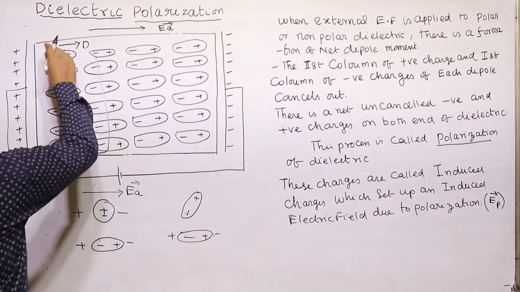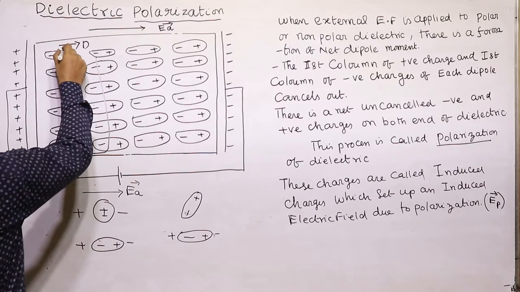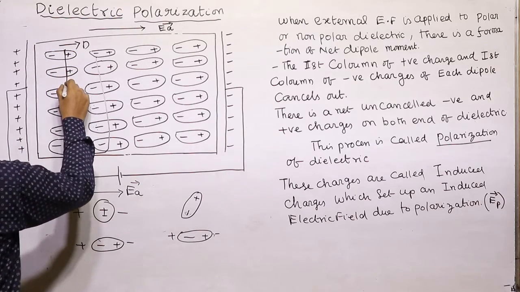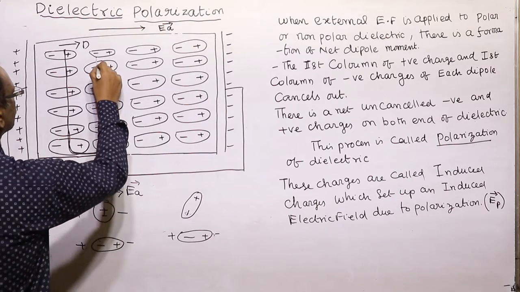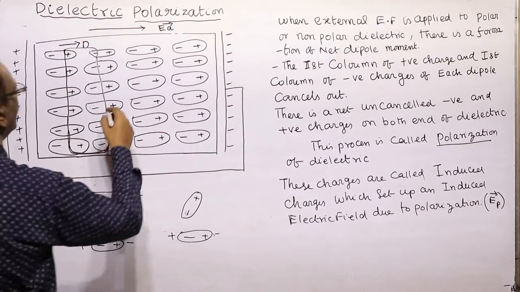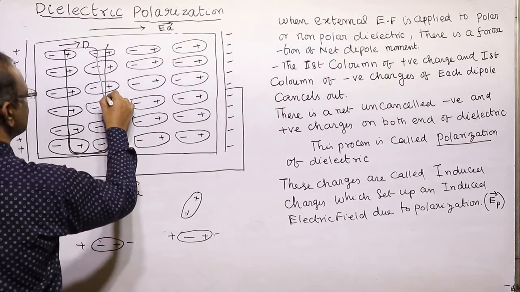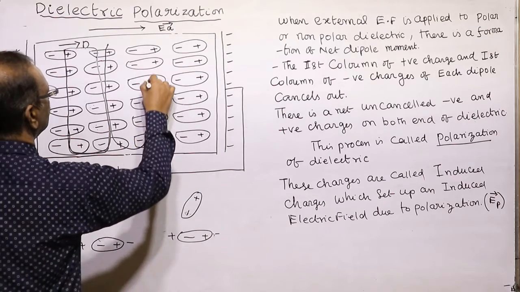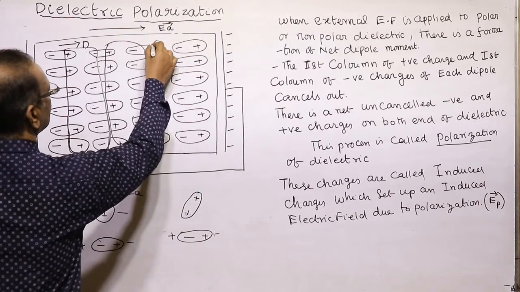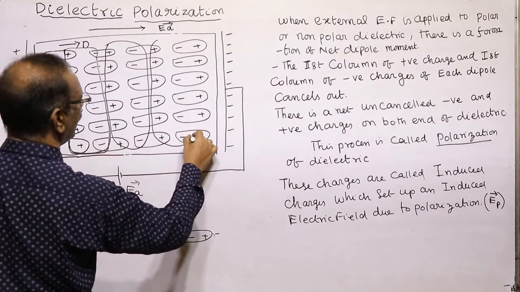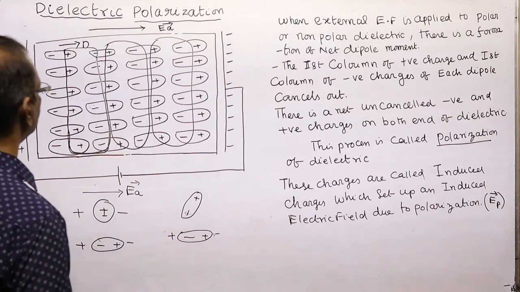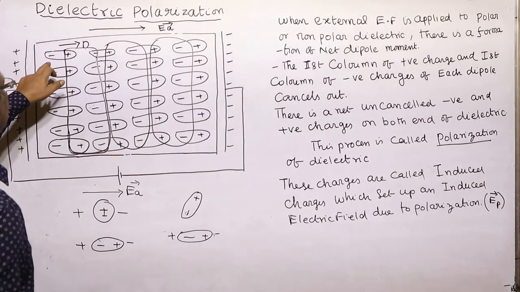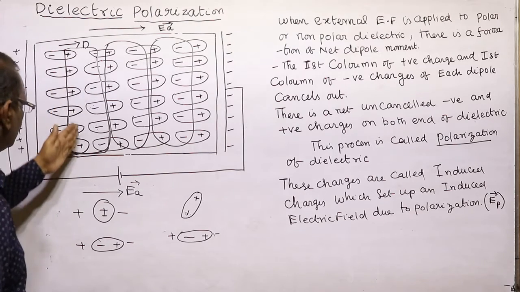Take the first column, this column, and this column, and see what will happen. In the first column, this side of the first molecule is positive, all are positive.